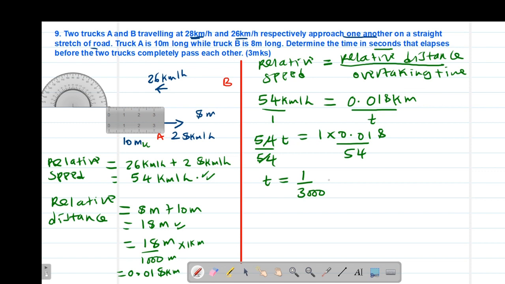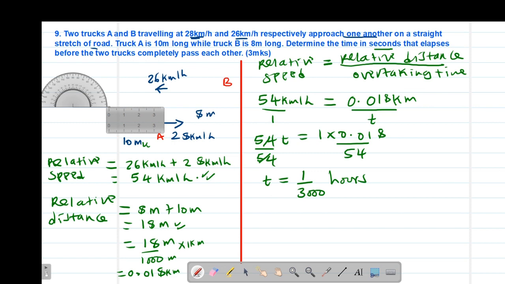Remember, these are hours, because our speed was in kilometers per hour and our distance was in kilometers. So 0.018 divided by 54 gives 1 over 3,000 hours.